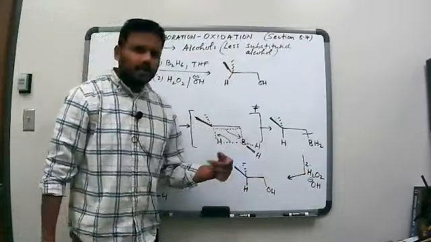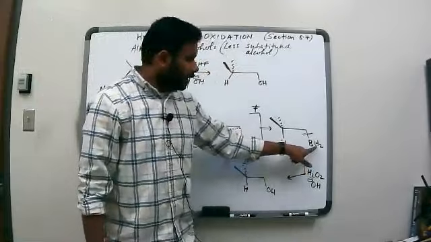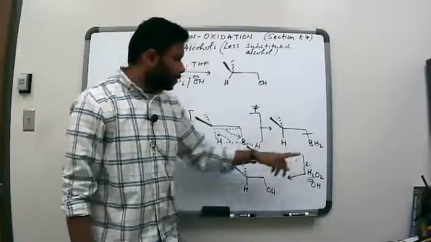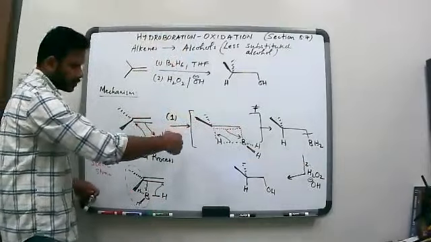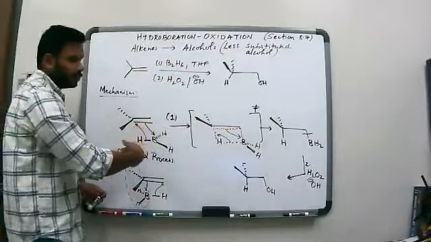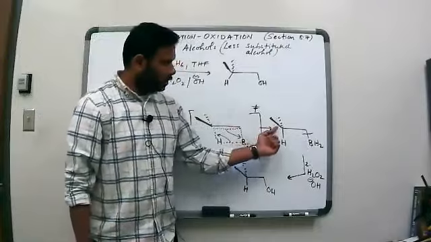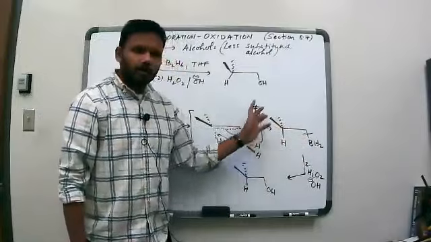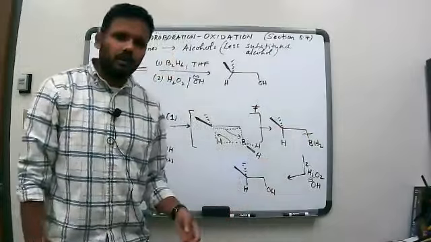The reason I said that's not how it happens is because this boron has two more hydrogens. That means it could do this first part two more times, so you would get a species where you have a boron with three of these carbon-containing groups attached to it.